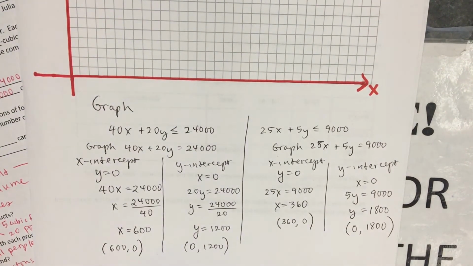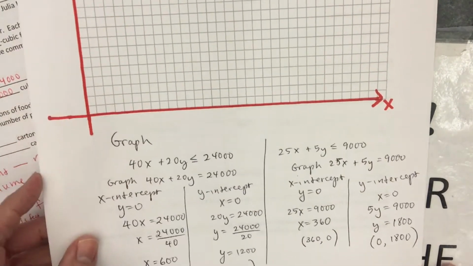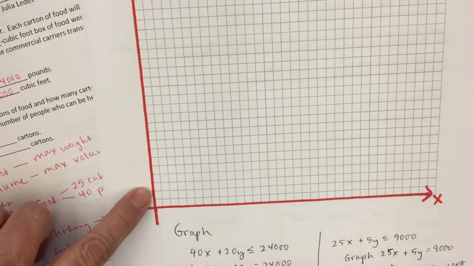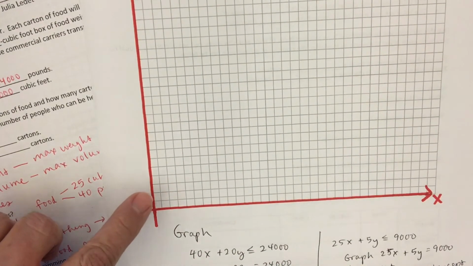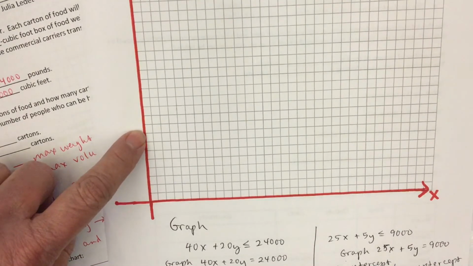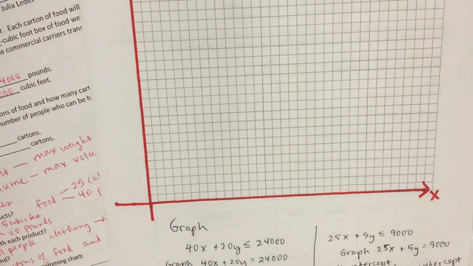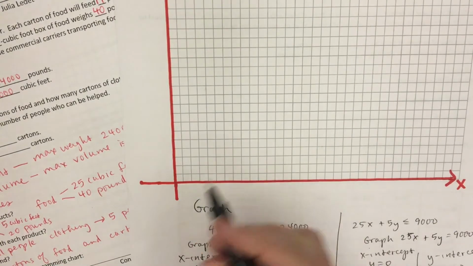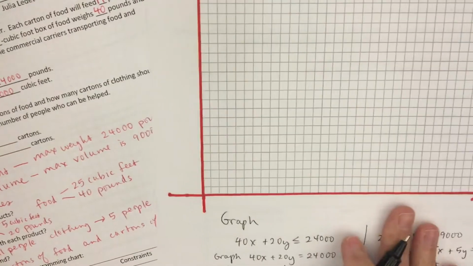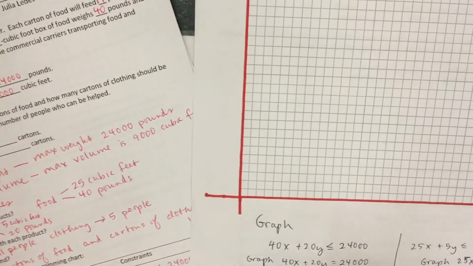As I look at those numbers, I'm thinking the y-axis, I could maybe jump by 2s and say 100, 200, 300, 4, 5, 6. No, I don't think I'll make it to 1,800. I'm going to count each mark as 100, so I can get up to 1,800 on the y-axis.